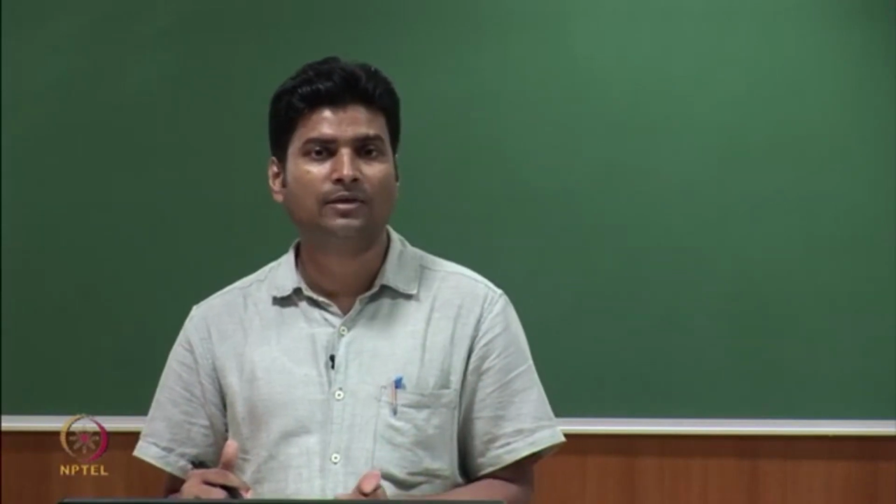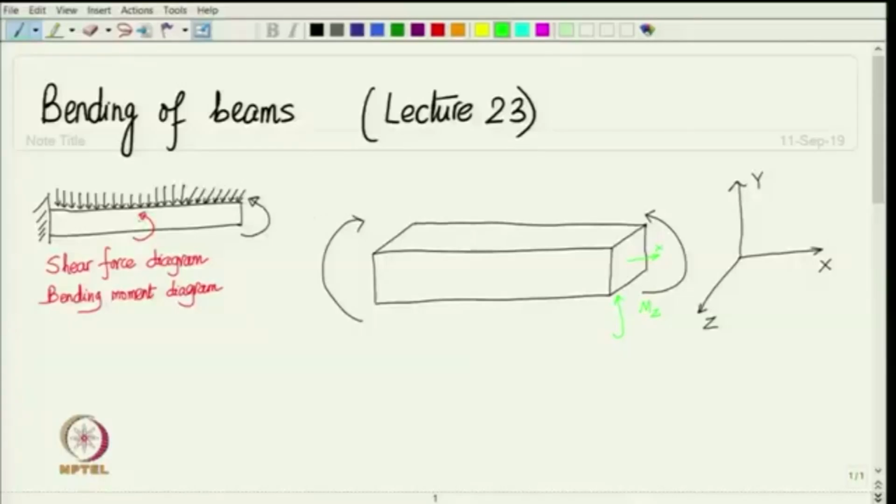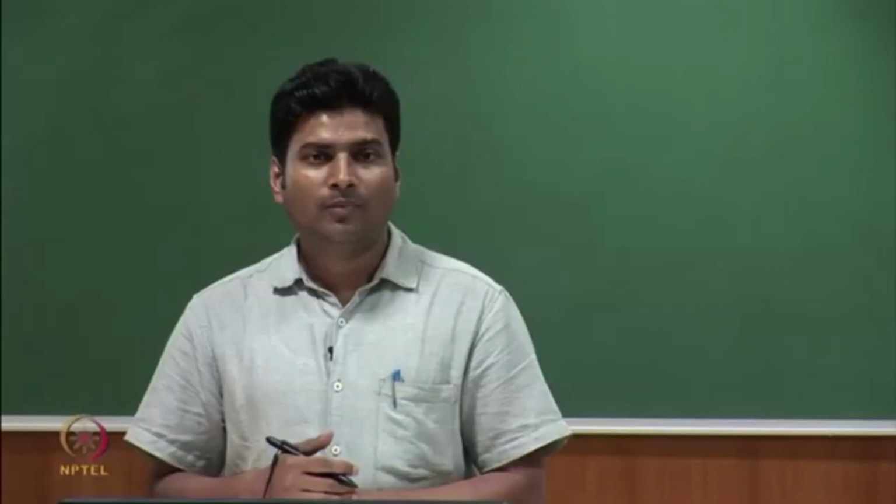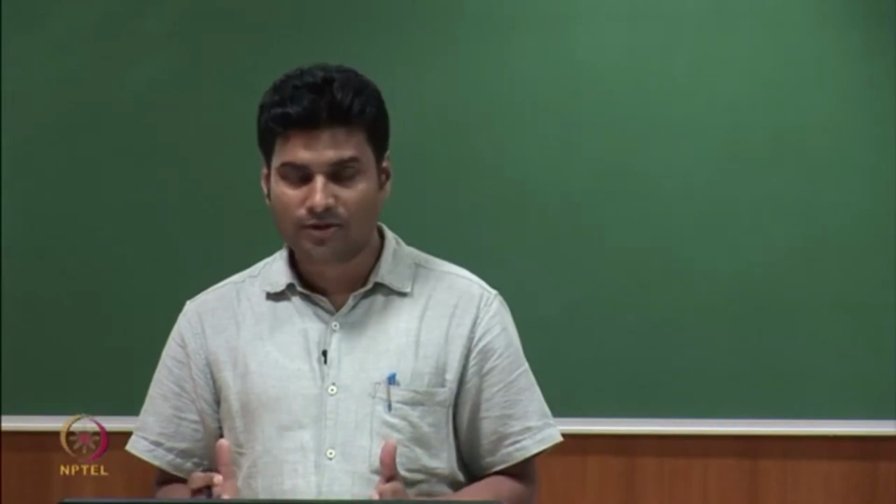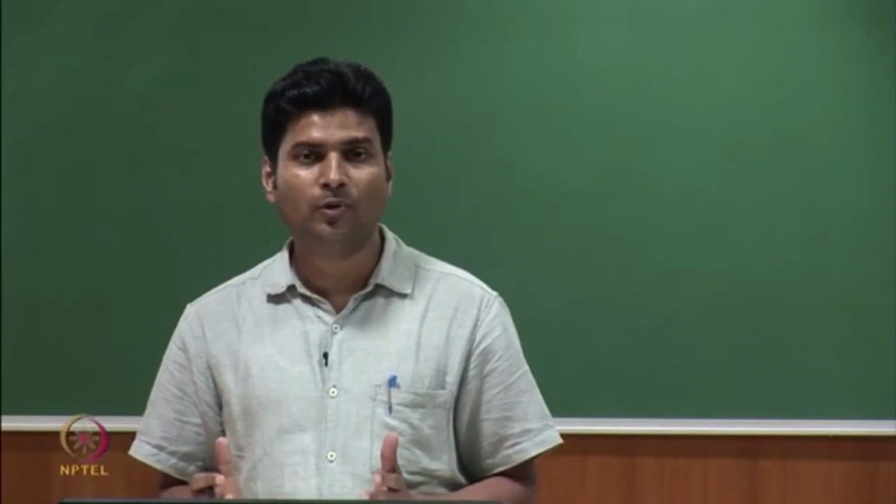Okay. Whereas, on the left side, which is the negative x plane, its normal is negative x. So, on that the moment is acting in the negative z direction. Okay. So, this is minus m z, and therefore, the total moment on the system is 0, and so it is going to be in static equilibrium, right. But we want to see when we apply this moment to this system, how is the beam going to deform.